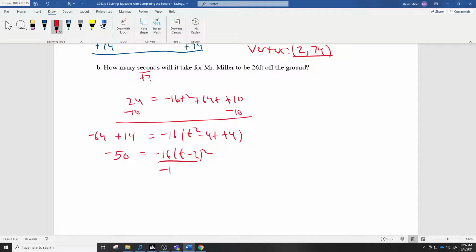So I'm going to take the negative 16 and divide it. And so that's going to give us a decimal, unfortunately. 3.125. Which equals, this goes away. We get t minus 2 squared. And then we're going to square root both sides.